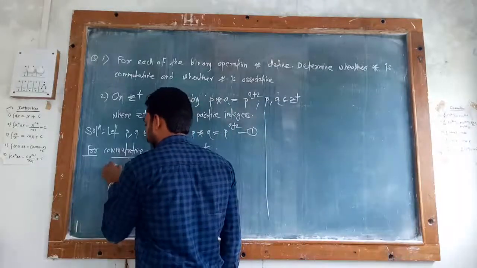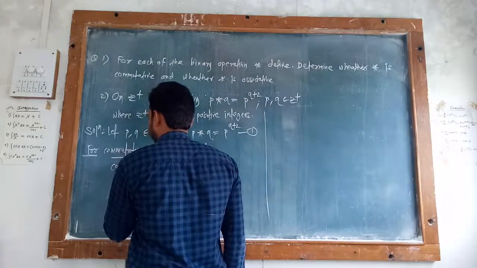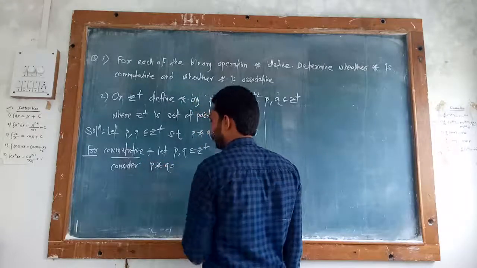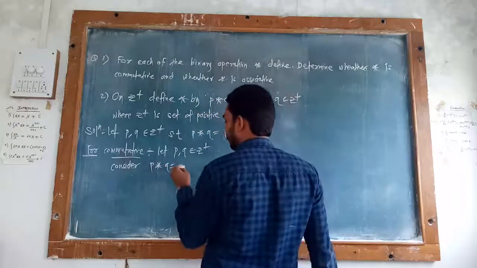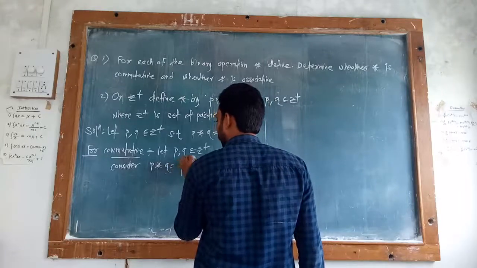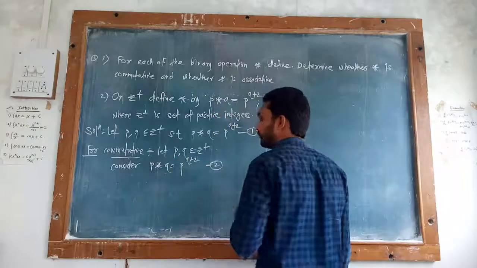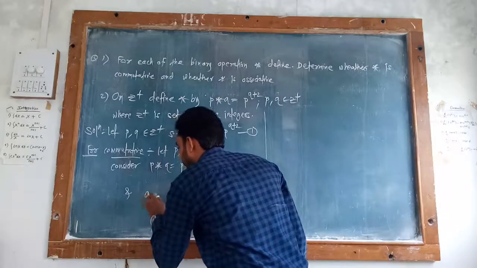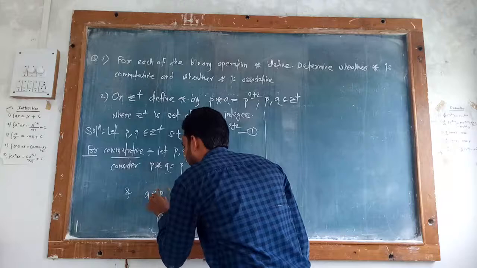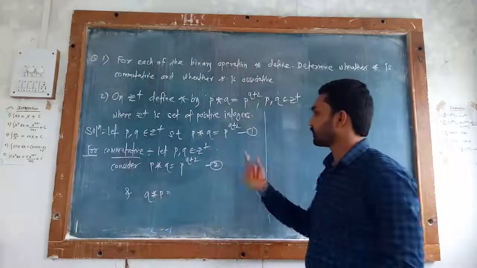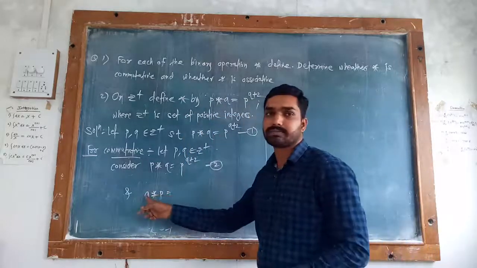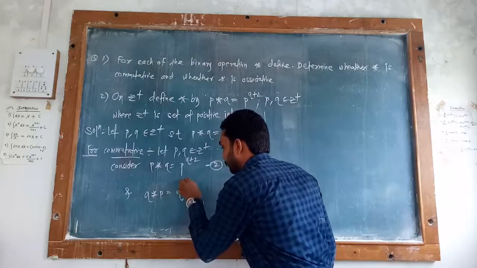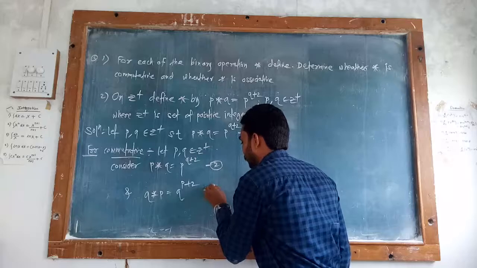Consider P star Q equal to P raised to Q plus 2, called equation 2, and Q star P. From equation 1, the first element raised to the power of the second plus 2, that is Q raised to P plus 2, called equation 3.